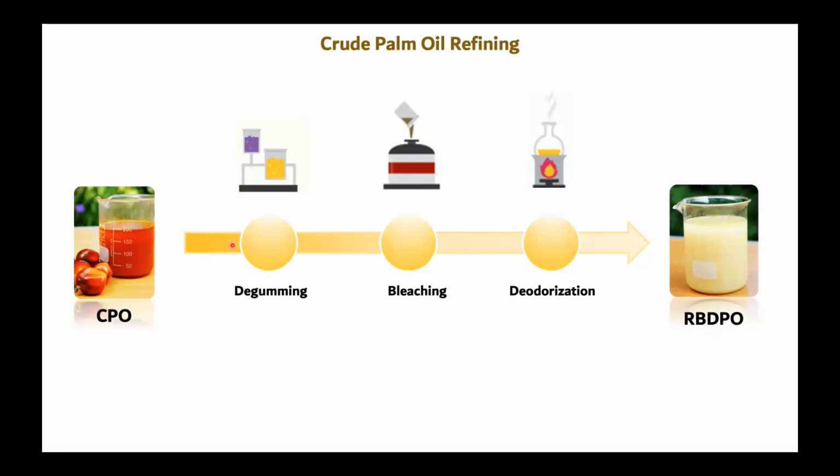Here there is degumming, to separate it from non-organic matter, fiber, and water, then bleaching to brighten the color, and also deodorization to remove the oxidation content in the oil. Those three steps also comprise separation technology. So in the end, we get the RBD PO, which is ready as biodiesel raw material.